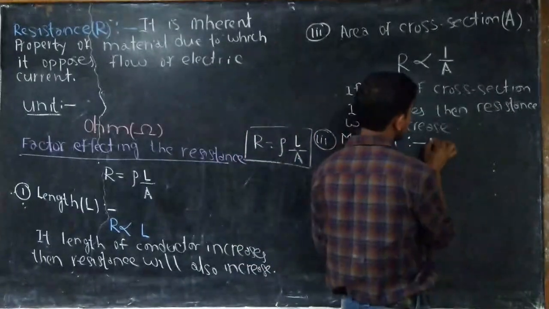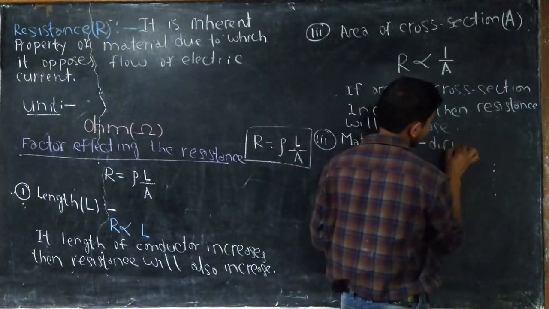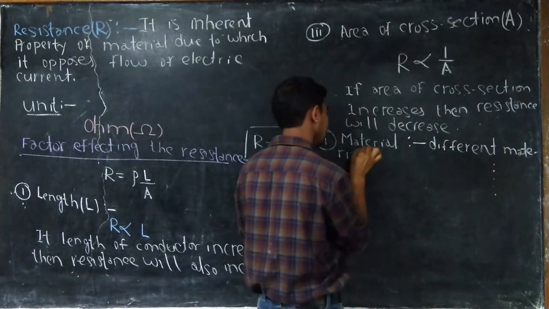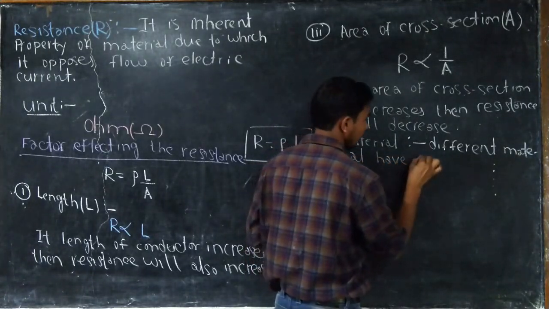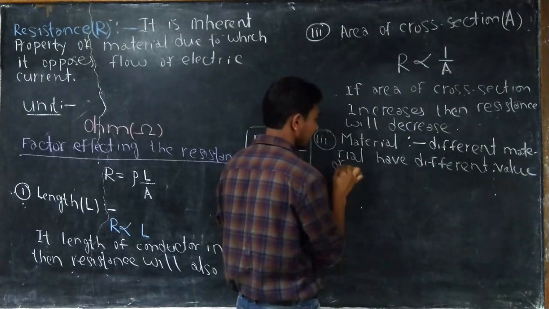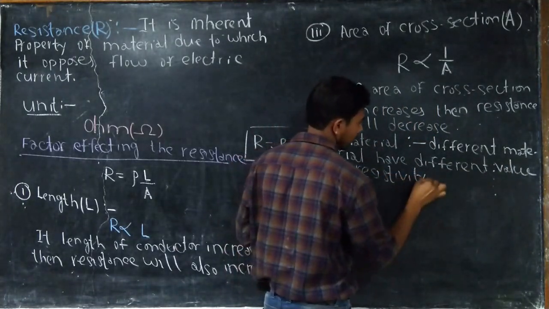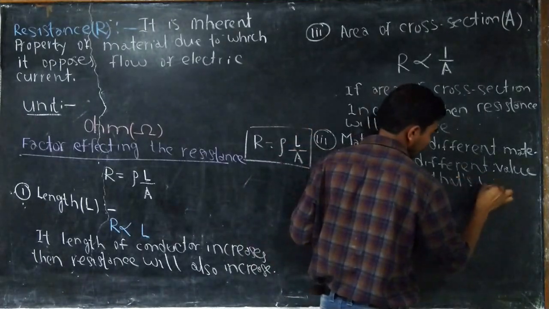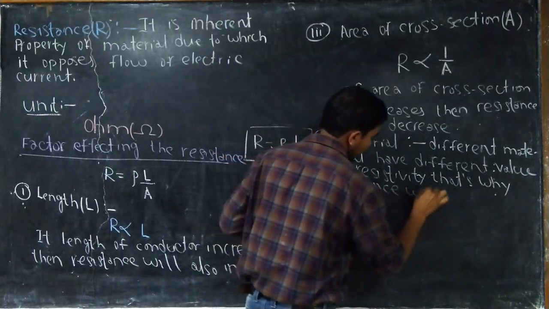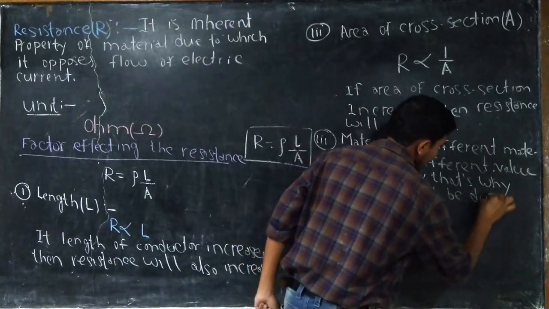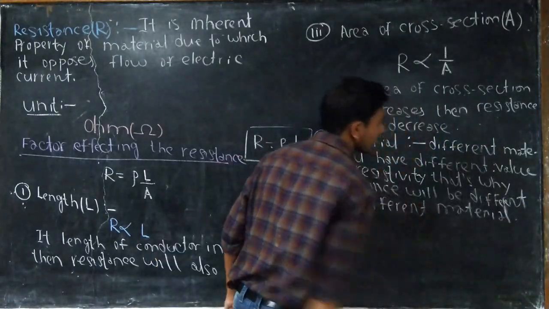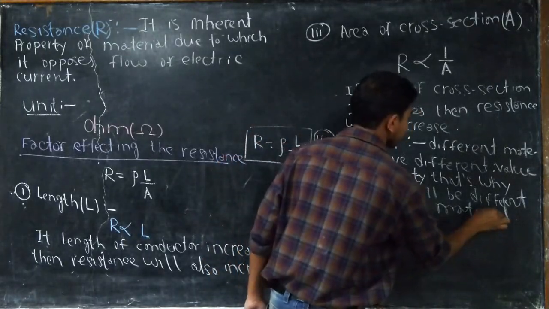So different materials have different values of resistivity, that's why resistance will be different for different materials.